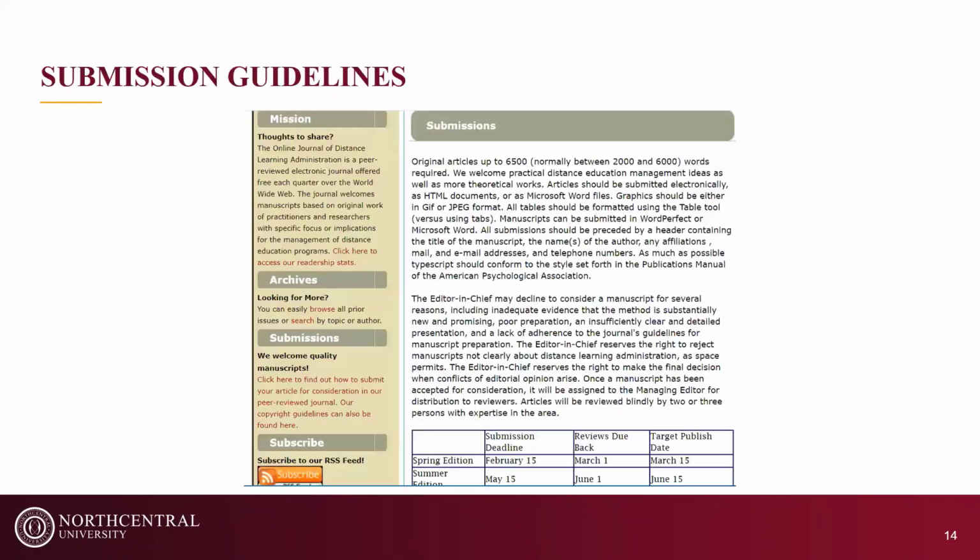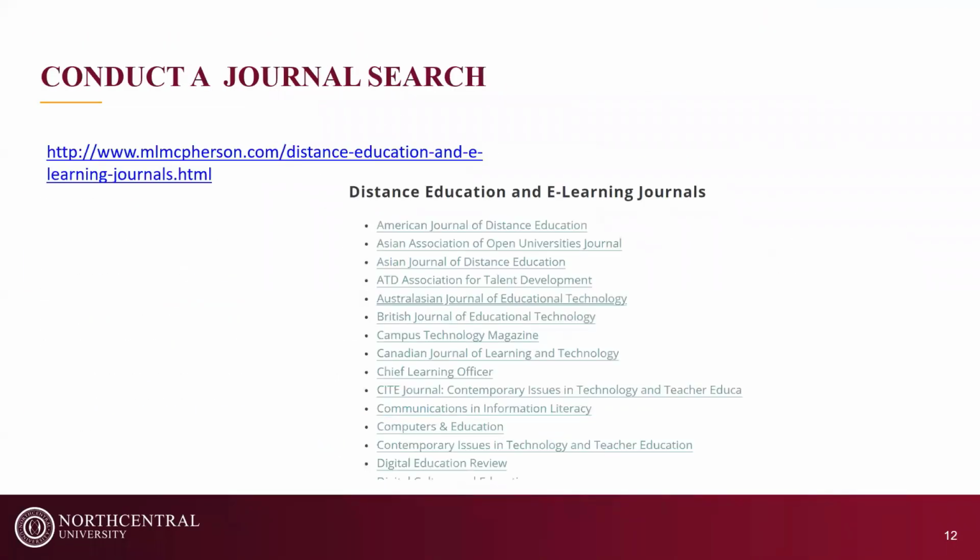You'll see that usually here, for example, I searched for distance education and e-learning journals, and I got all of these, and there were tons more. I just took a screenshot of the first section. But you'll see what journals there are: American Journal of Distance Education, Asian Association of Open Universities, Australasian Journal, British Journal, Canadian, Chief Learning Officer. There'll be tons and tons. This only goes to D, as you can see, from A to D.